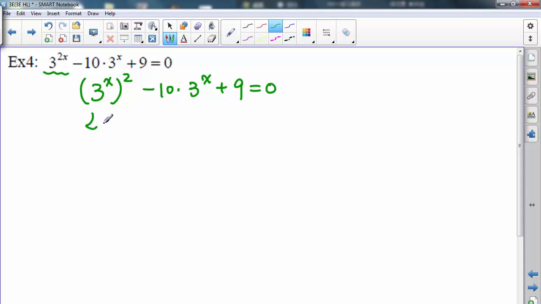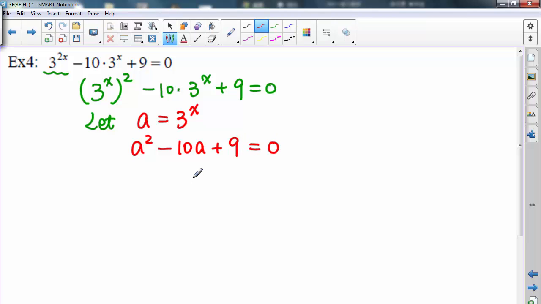So if you are not able to handle this complicated looking equation, you can use the substitution. Let a be 3 to the power of x. I can convert this equation into a squared minus 10a plus 9 equals 0.